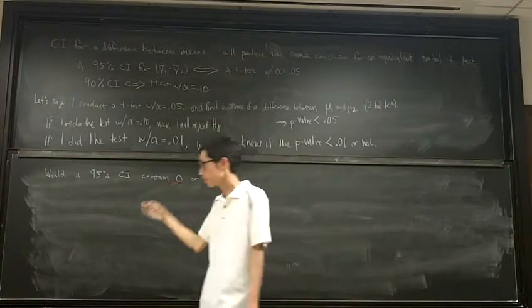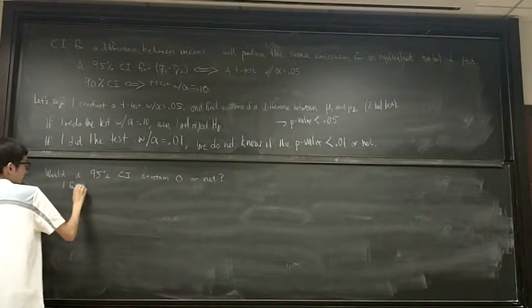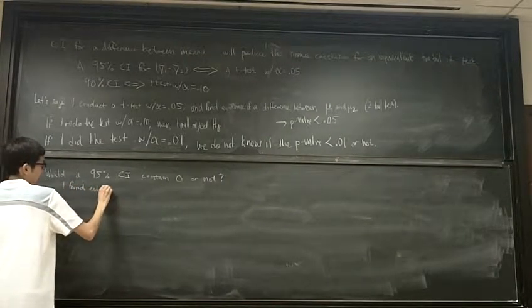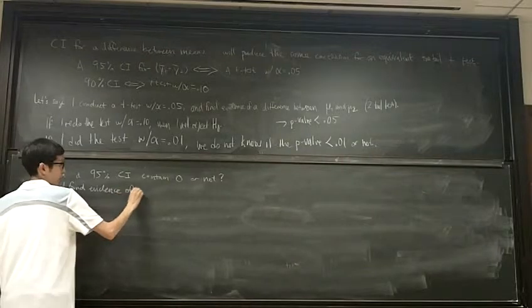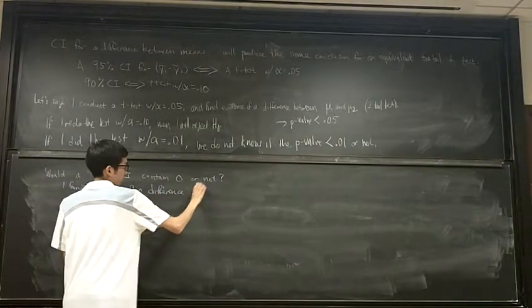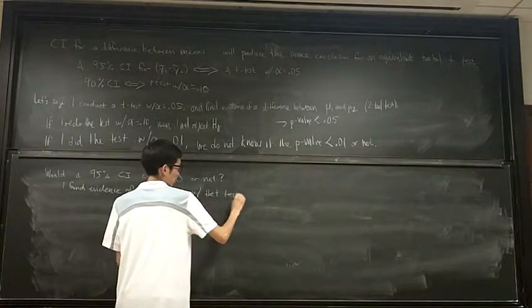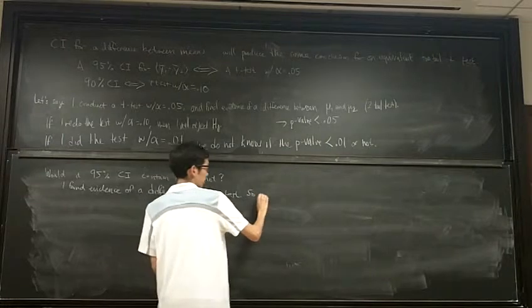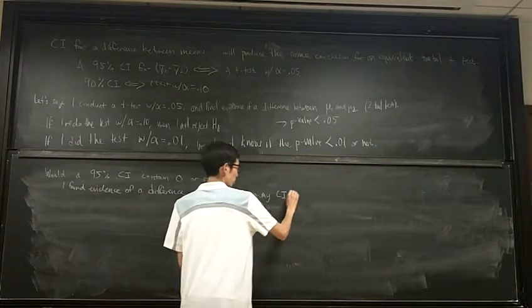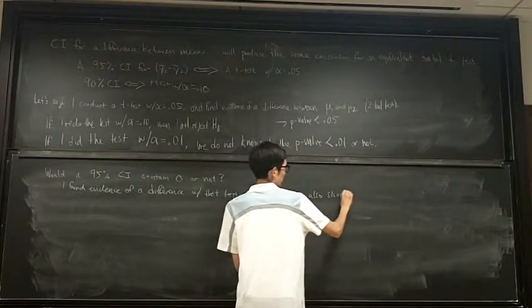So I'll write that. So I found evidence of a difference with a t-test. So our confidence interval will also show evidence of a difference.